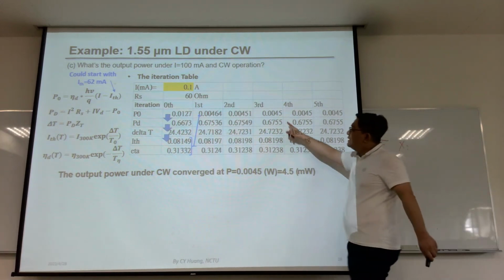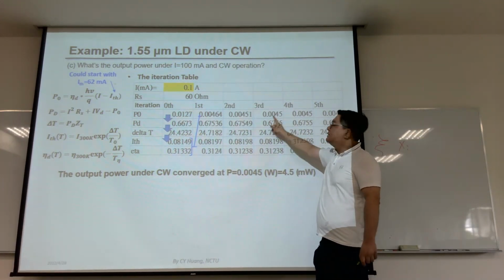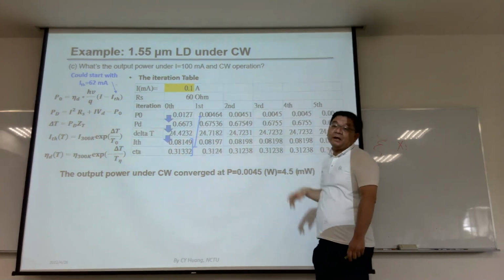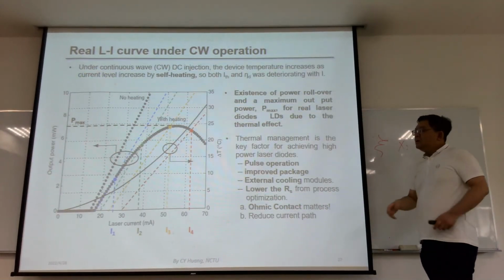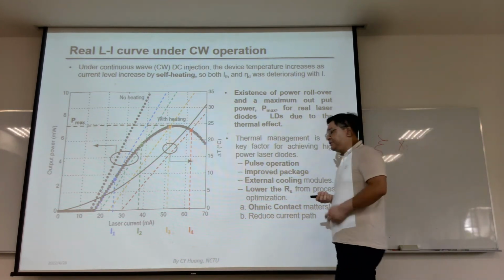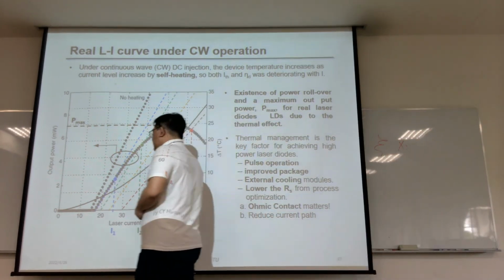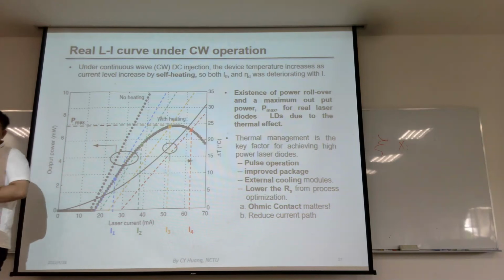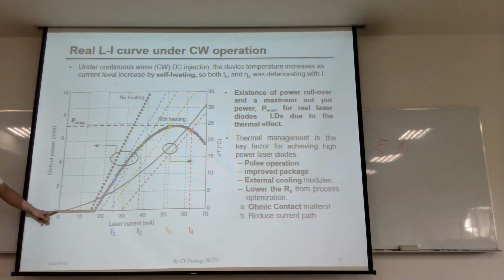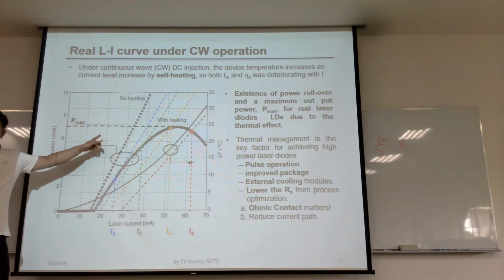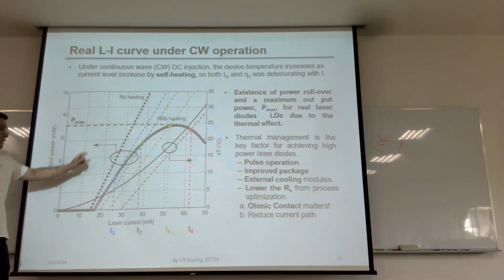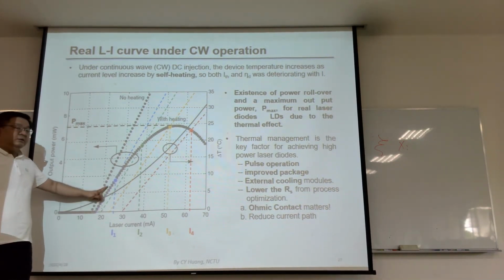Since the P0 is calculated in watt, this is 4.5 milliwatt. Alright, so under real temperature, under continuous wave, let's consider if this is pulse operation, a very short pulse, no heating, so it should be a direct line.